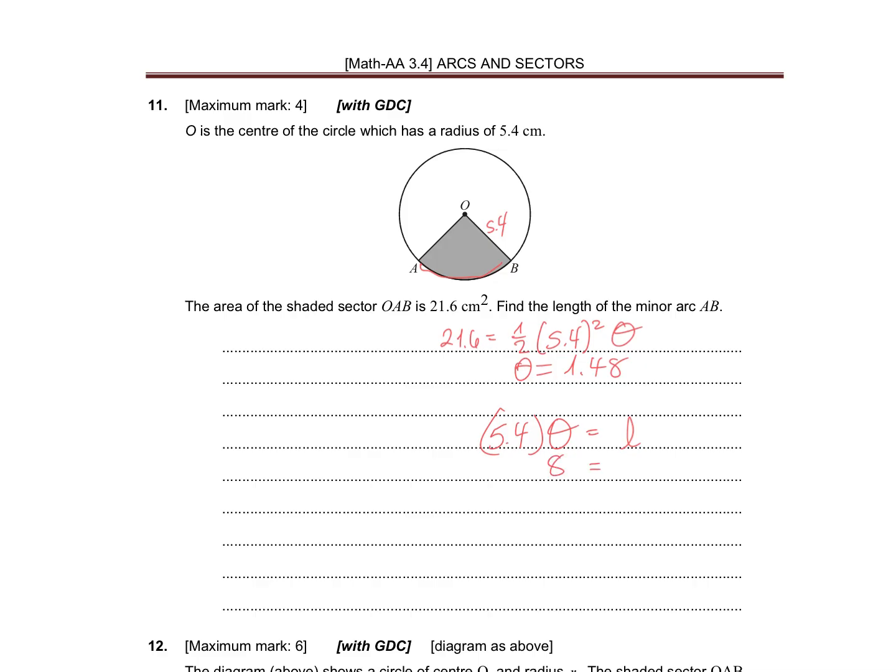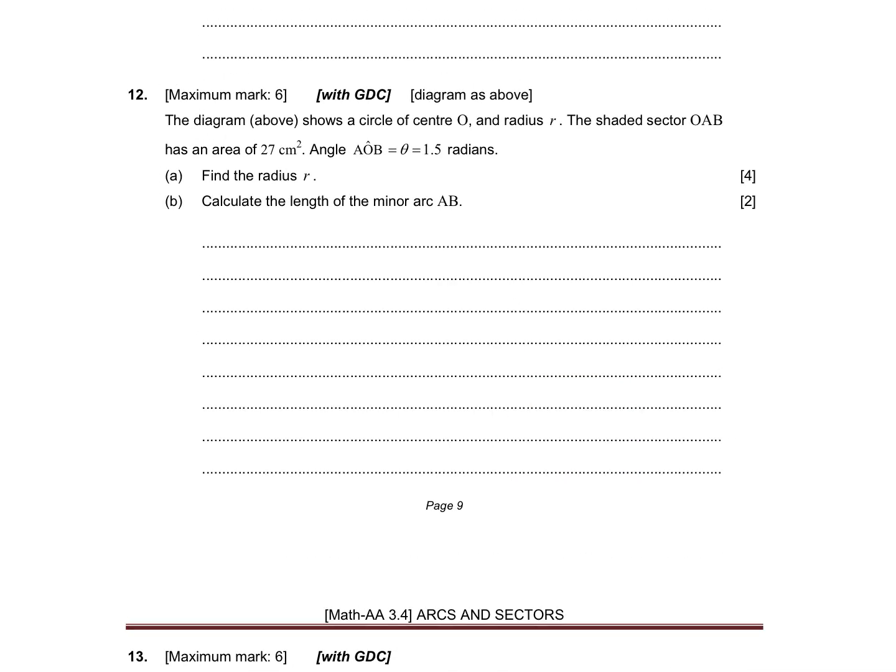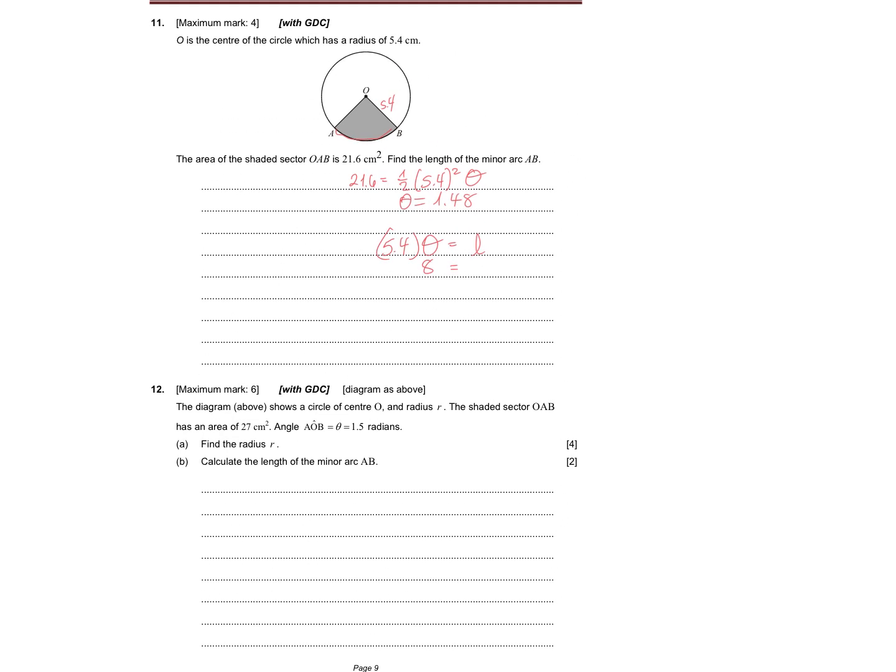Okay, so we have a diagram as above with circle O, radius R, shaded sector OAB has area 27. So instead of this being 5.4, we've got the area this time is 27, and the angle is 1.5 radians.